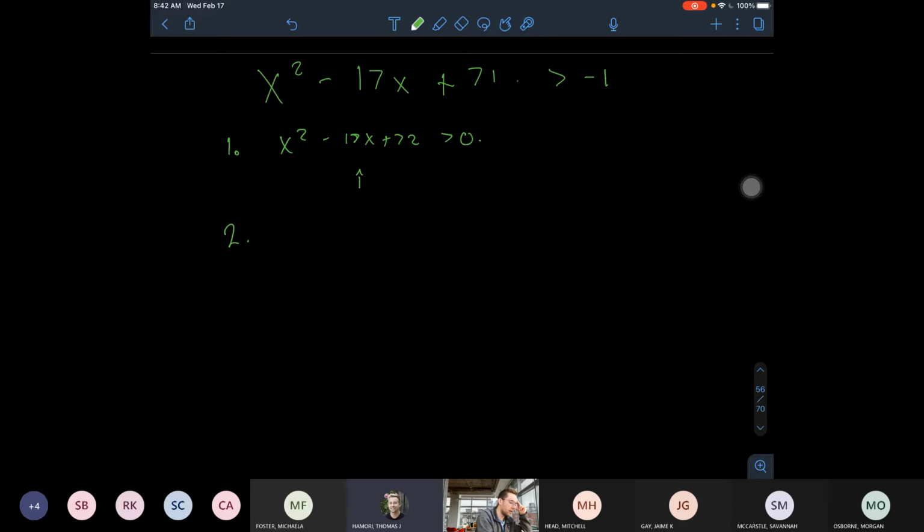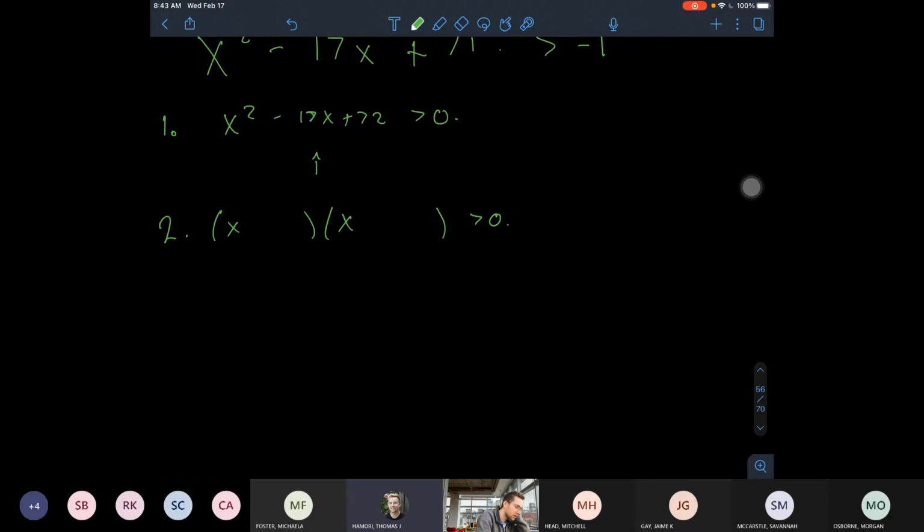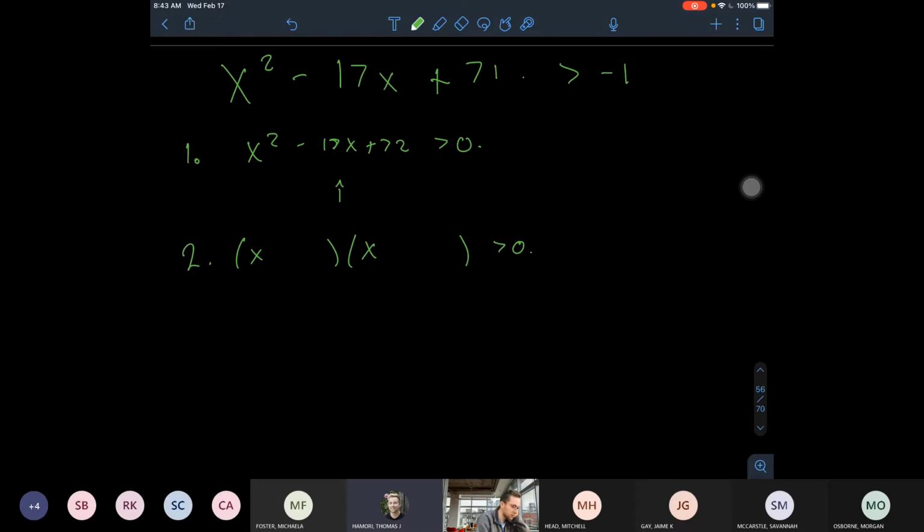Okay, so we factor it. We want two numbers which sum to -17 and multiply to positive 72. What do we think? How should we factor this left-hand side here?